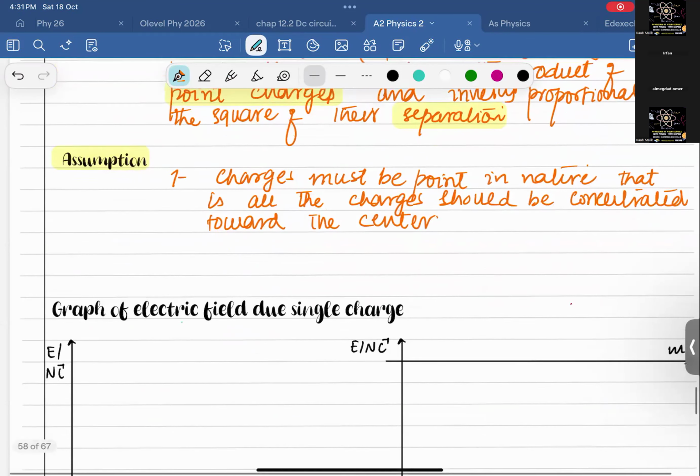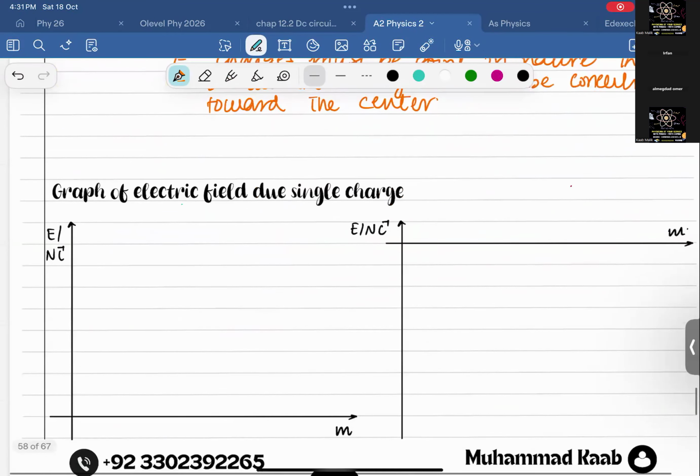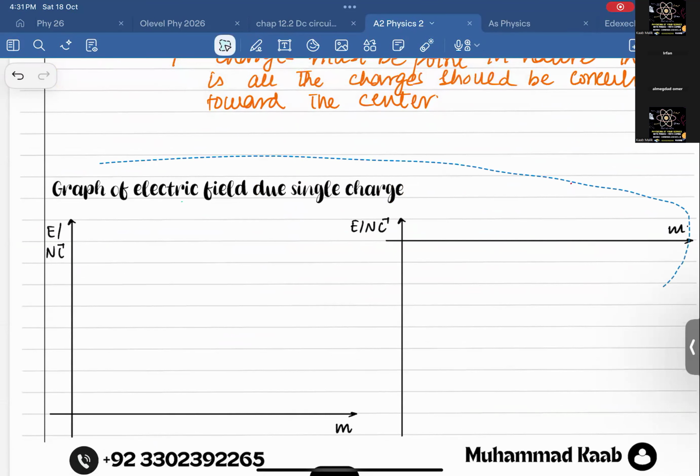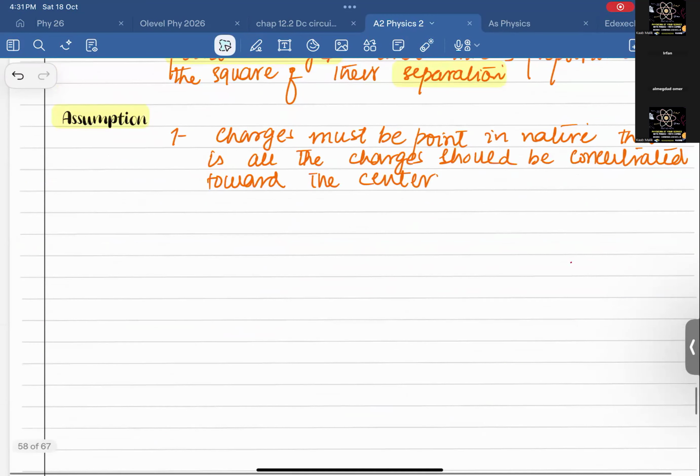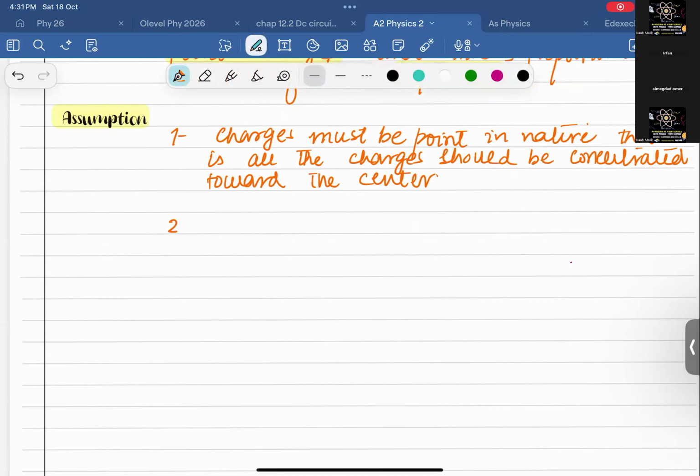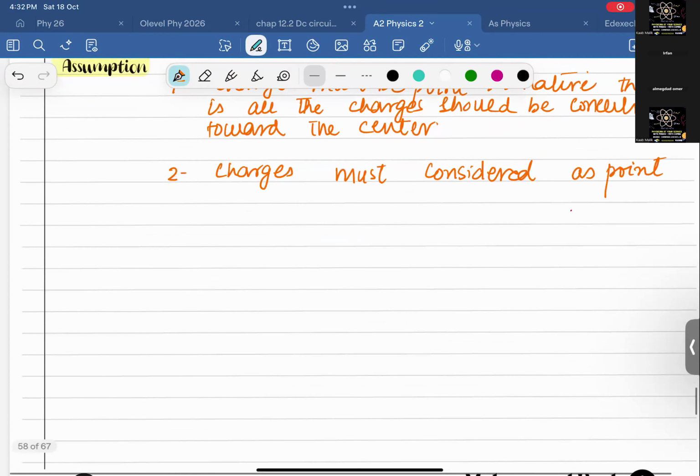Okay. This is the first thing, right? Now, the second thing is that charges must be considered as point charges.